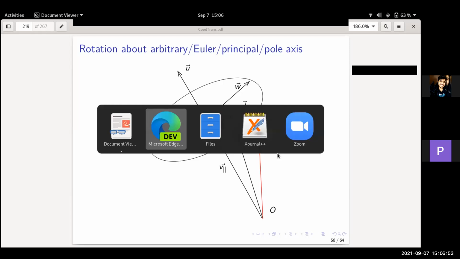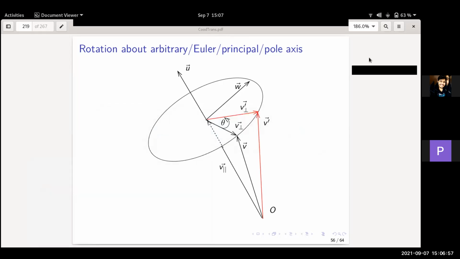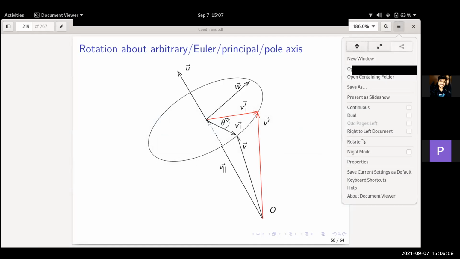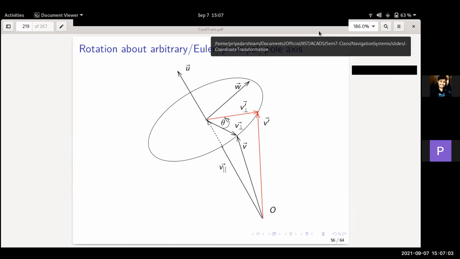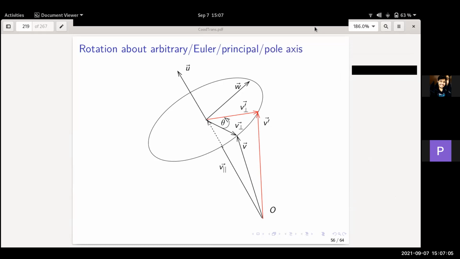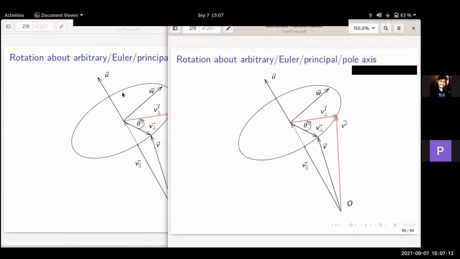So just to keep this figure in the same location, I will open a copy of this. So you have a copy of this here.